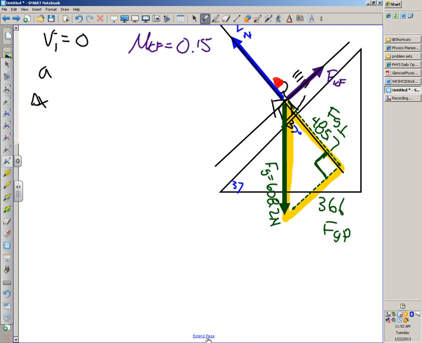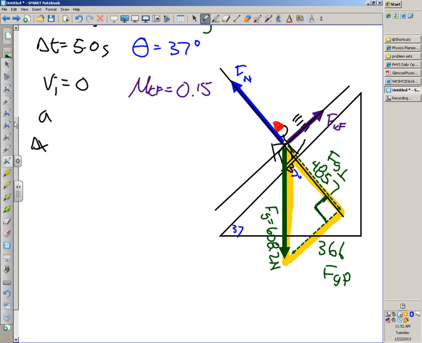All right. Now, based on that, I can get one thing directly. What's the one thing I'll know directly here? Normal force. This is going to be 485.7. Can I automatically assume that my frictional force is 366?